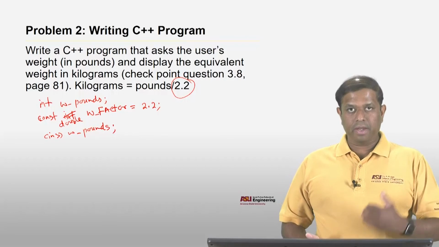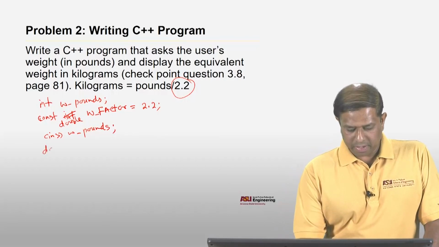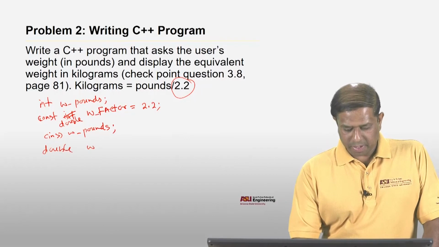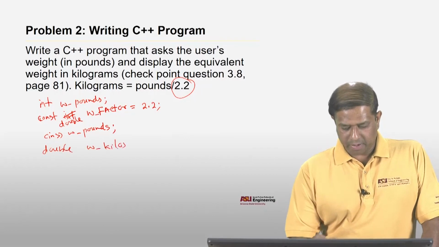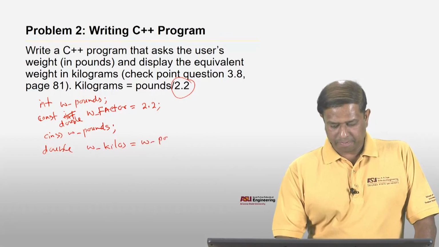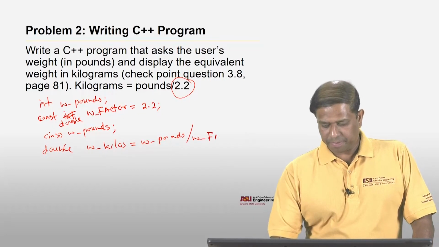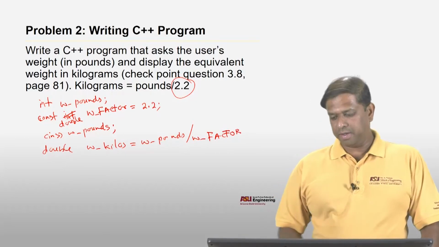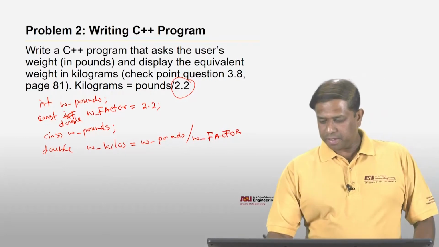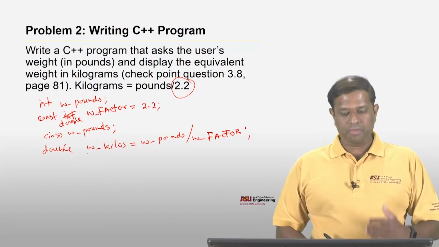So weight in kilos has to be a double variable, right? So we can declare a double variable, weight in kilos, equal to weight in pounds divided by the weight factor, right? When you divide it by the weight factor, we are going to get a double value, and then that double value will be assigned into weight in kilos.